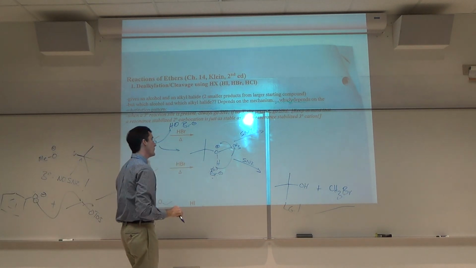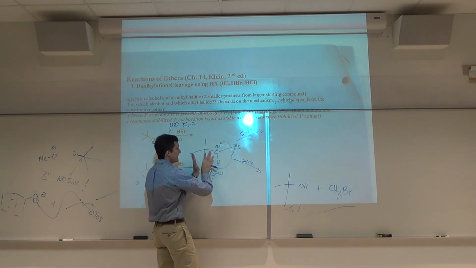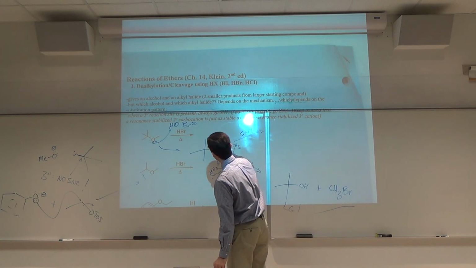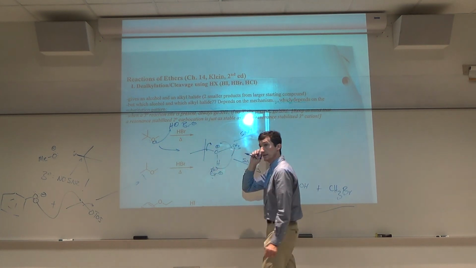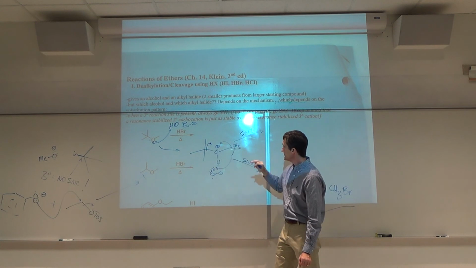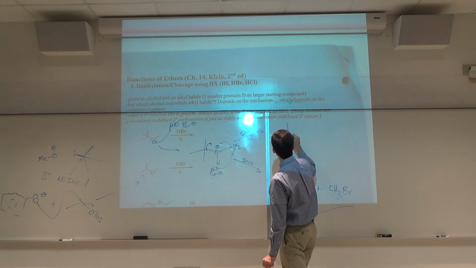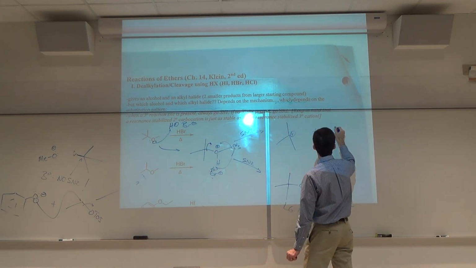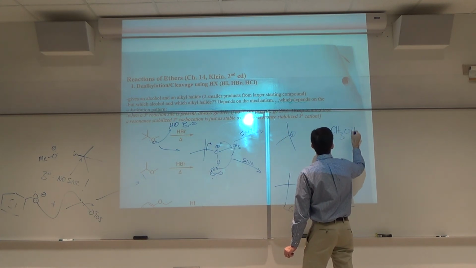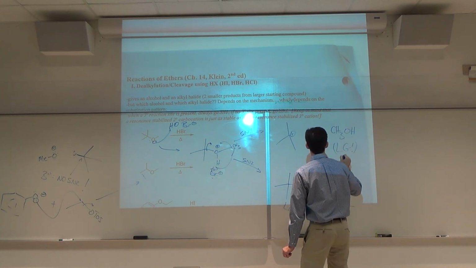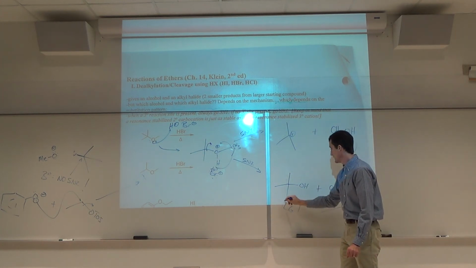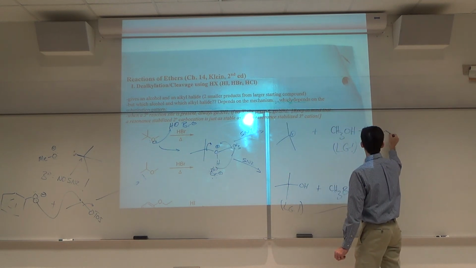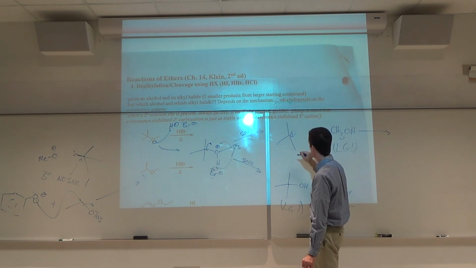Okay, what would the SN1 product be? SN1 involves making a cation. Are you going to make the cation on the left or right? Left. So you make that cation, plus that's the leaving group in this mechanism. What can we do to finish it up and get this to a neutral product?